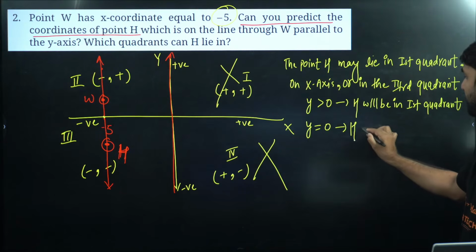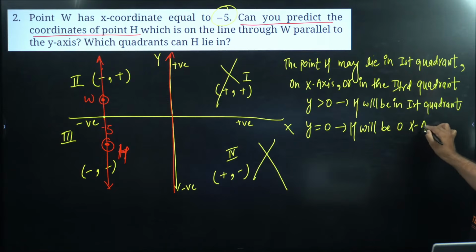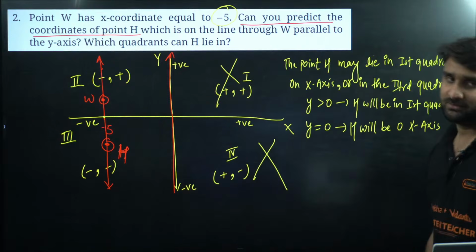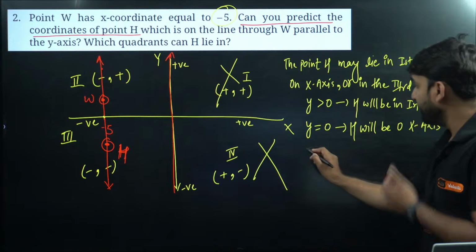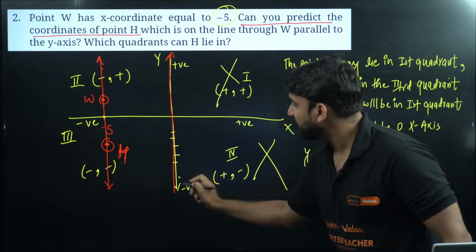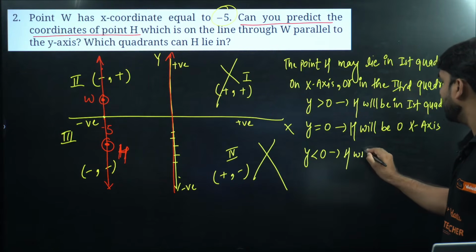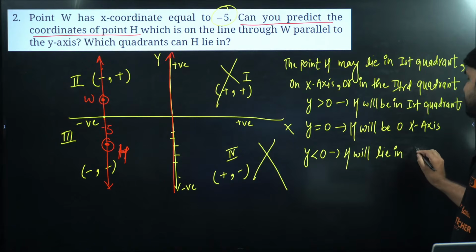So H will be on the x-axis, right? And if the point H is in the third quadrant, this is also possible. In the third quadrant, x remains negative. So if y is less than 0, I mean negative, it indicates that H will lie in what, champion? Third quadrant.